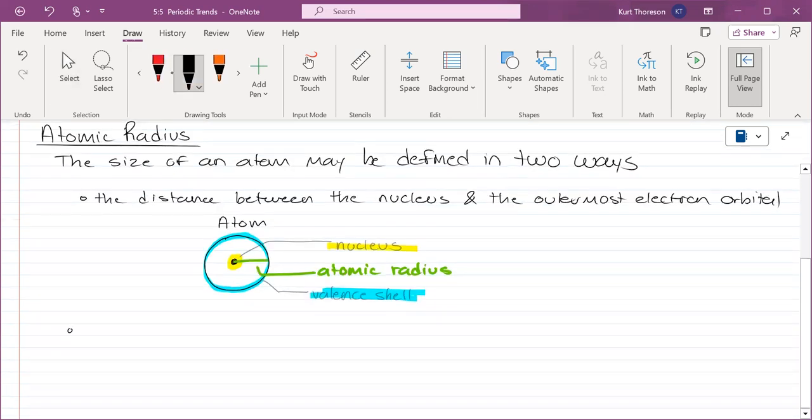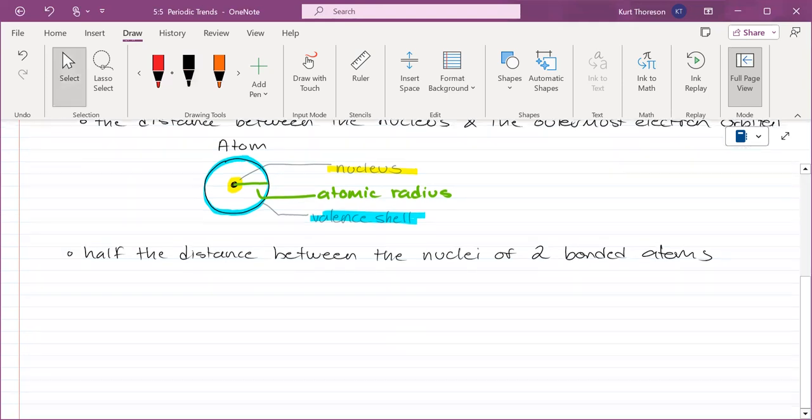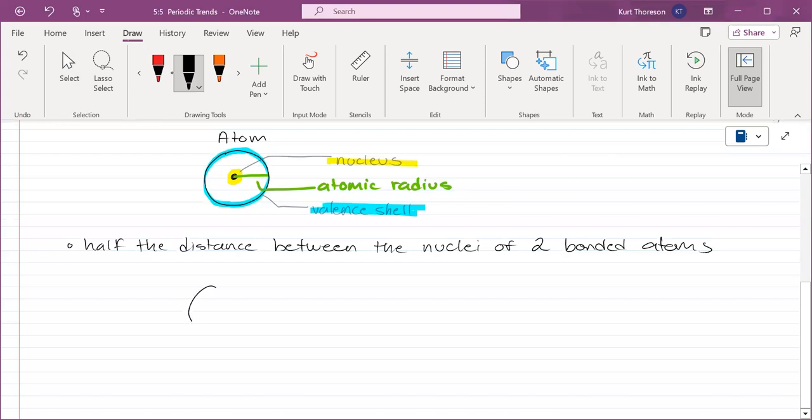The other is half the distance between the nuclei, which is plural for nucleus, of 2 bonded atoms. So here's one atom.